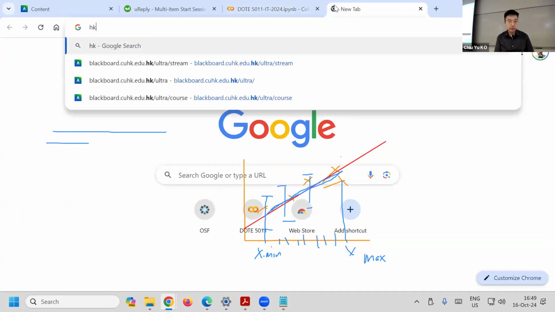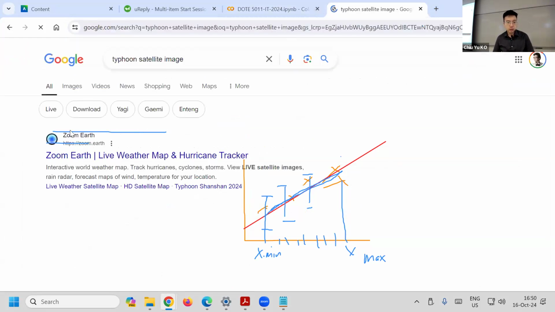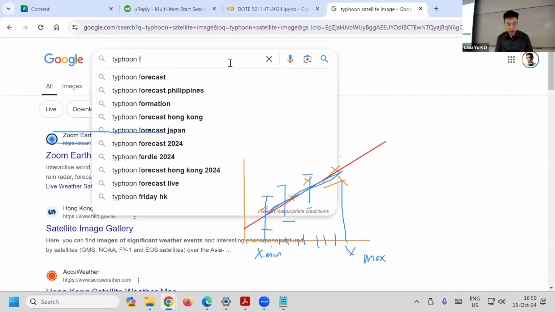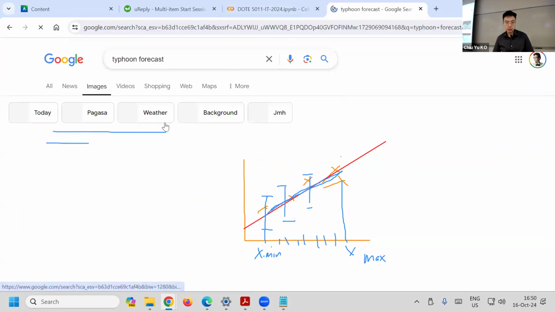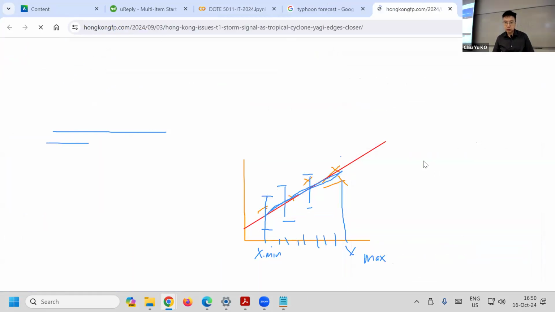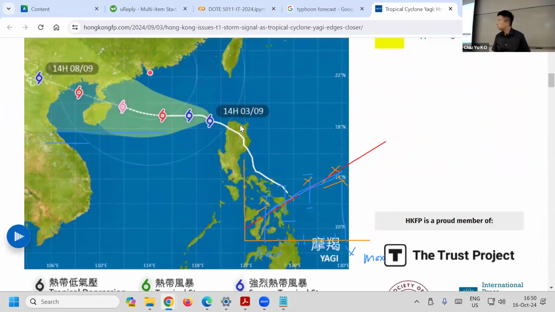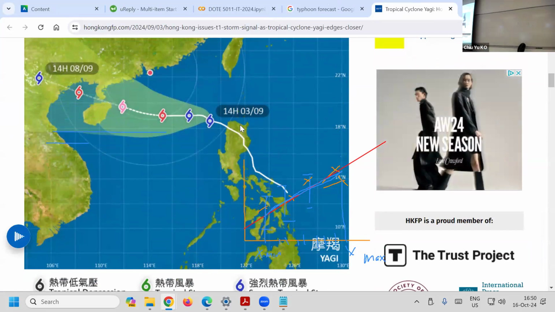If you try to look at the Python graph from forecast, actually they have the same, right? They would have the mean and this is the interval.